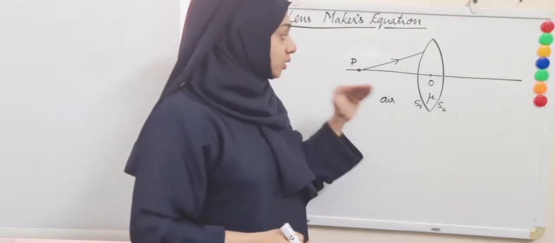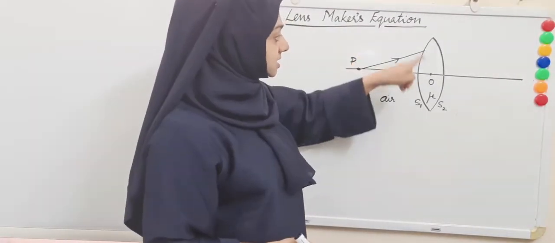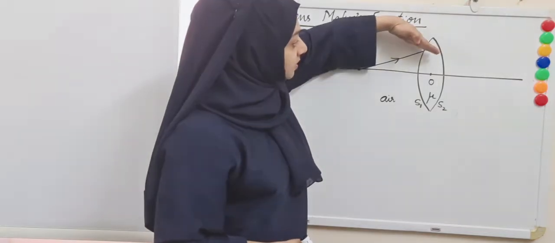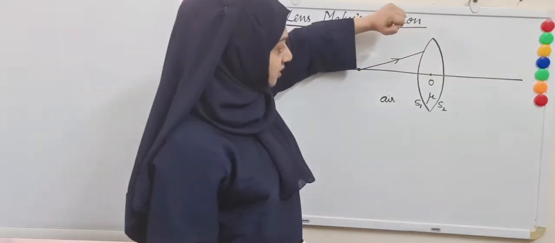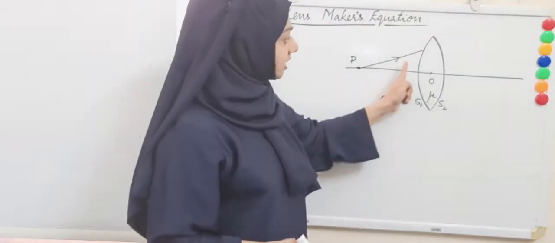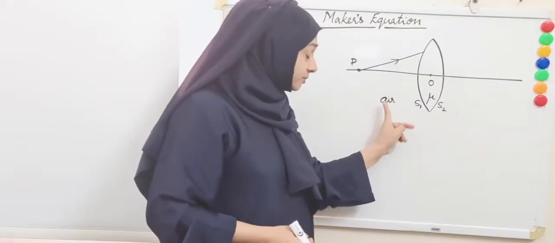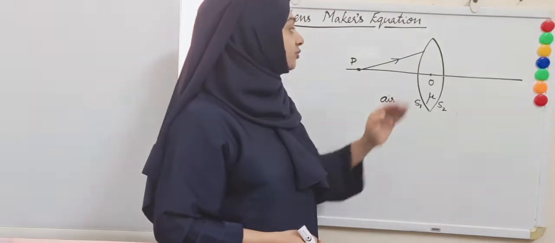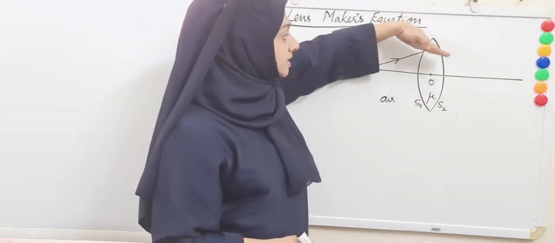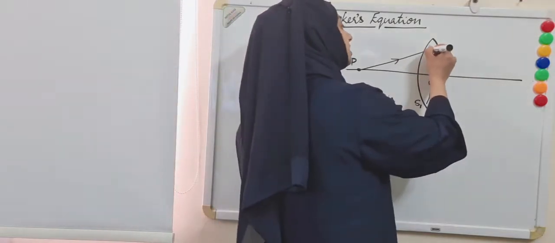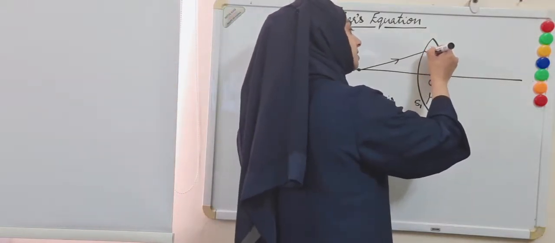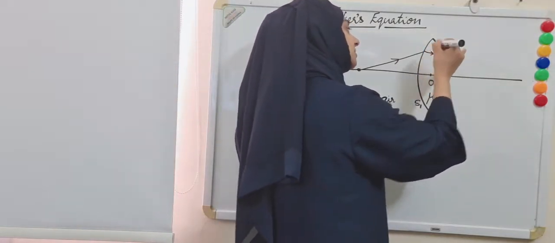Now when we look at the lens at this point, this will be the normal to the curved surface. When a light ray enters from a rarer medium to a denser medium, what happens? It should bend a little bit towards the normal. So when it enters the lens, it will bend a little bit like this.